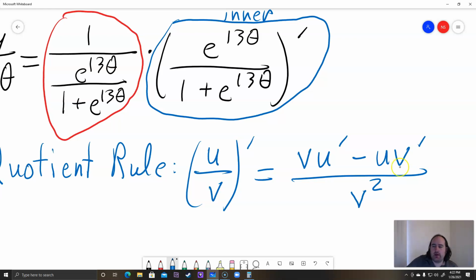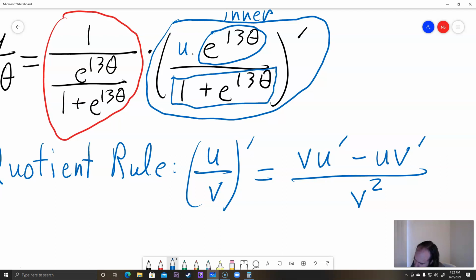Okay, so we've got vu prime minus uv prime all over v squared, where u is the top and v is the bottom. Here our u is going to be e to the 13th theta, and our v is going to be our denominator, 1 plus e to the 13th theta.